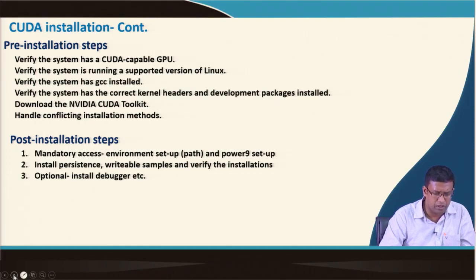Then you have to install persistence, writable samples, and then verify whether the installation is perfect, and optionally you can install a debugger. It is a good idea to install a debugger while installing CUDA, because when you are writing a program, you know that this program has a massively parallel component.